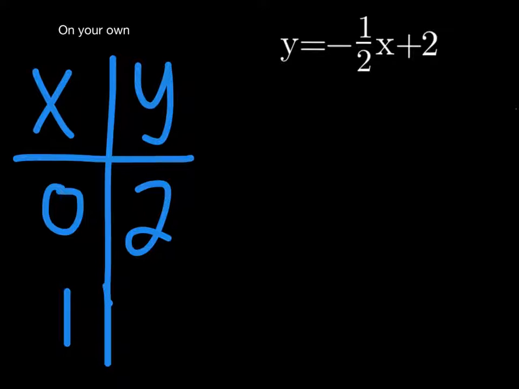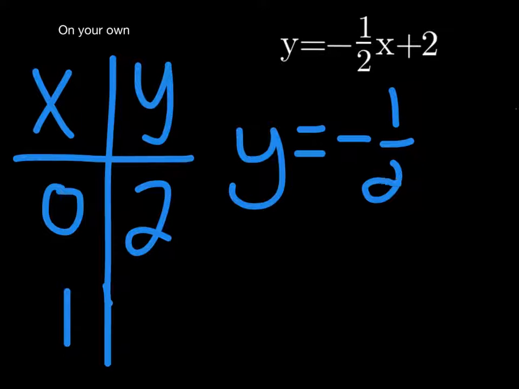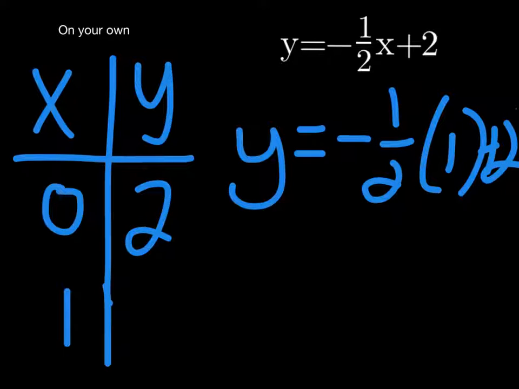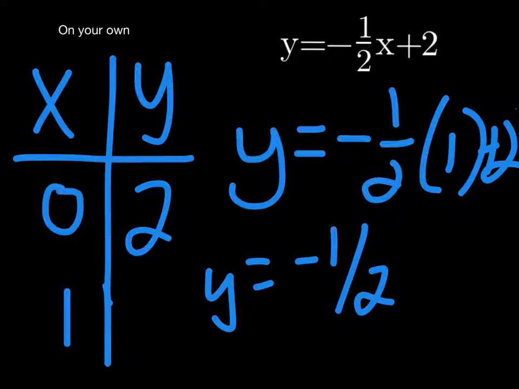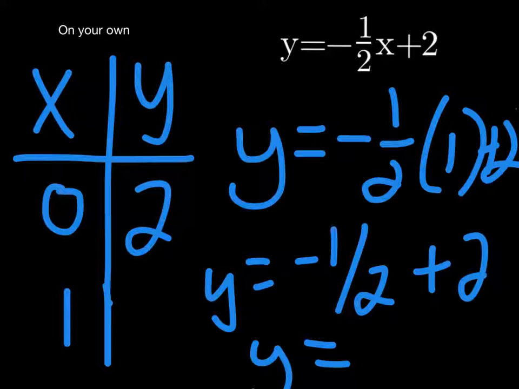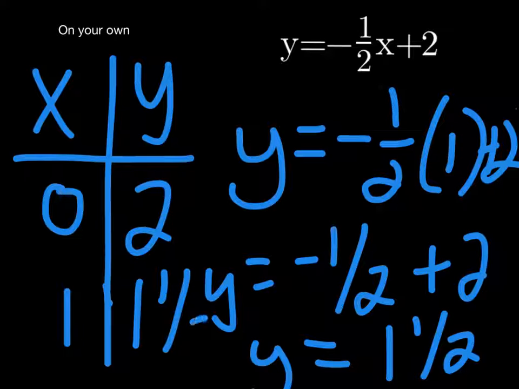And when I put in 1 for x, I get y equals -1/2 times 1 plus 2. -1/2 times 1 is a negative 1/2 plus 2, and when I add those two together, I'll get y equals 1 and 1/2. So when x is 1, y equals 1 and 1/2.